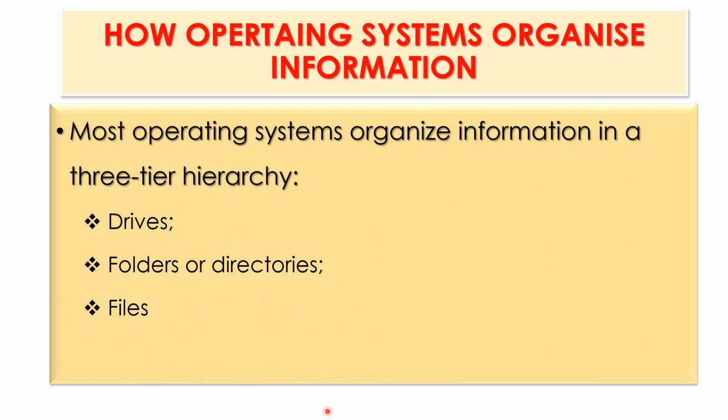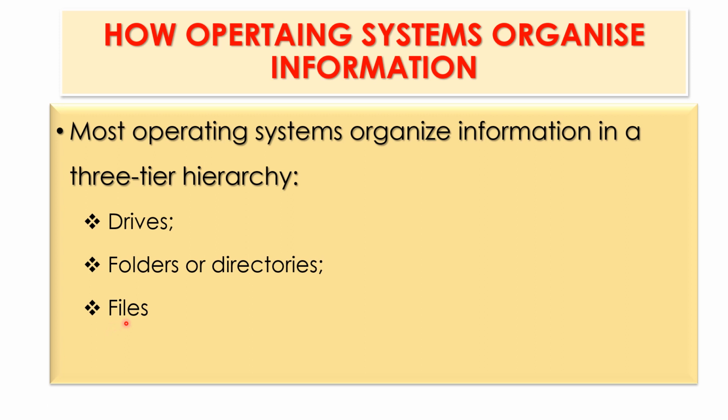Most operating systems organize information in a three-tier hierarchy. There are three ways in which the operating system organizes information. Number one, drives. Then folders, which are also called directories.